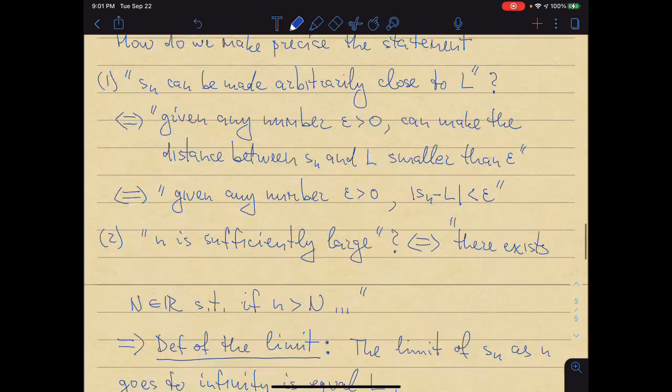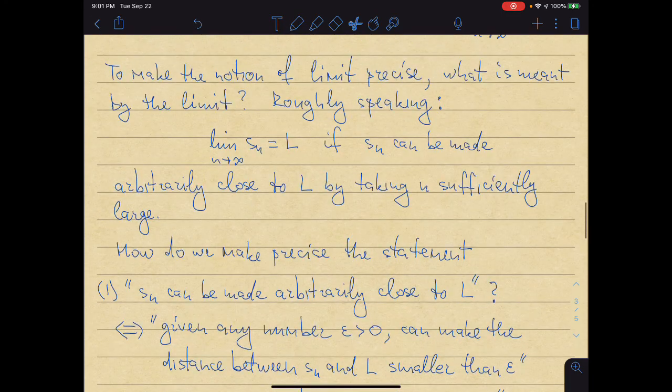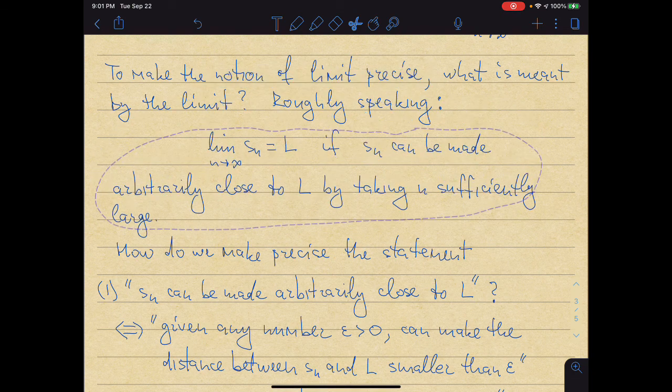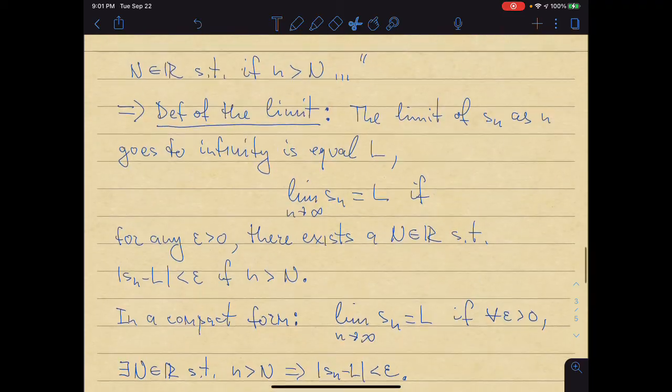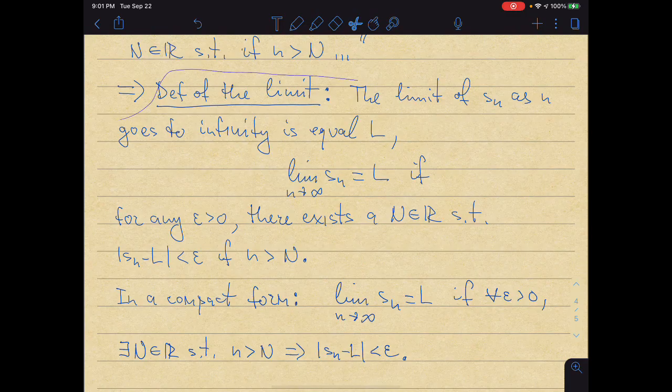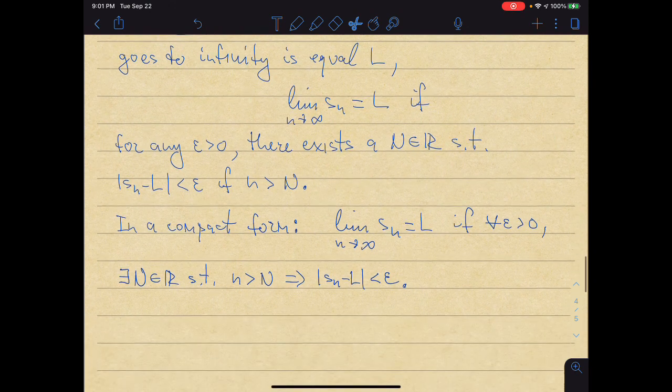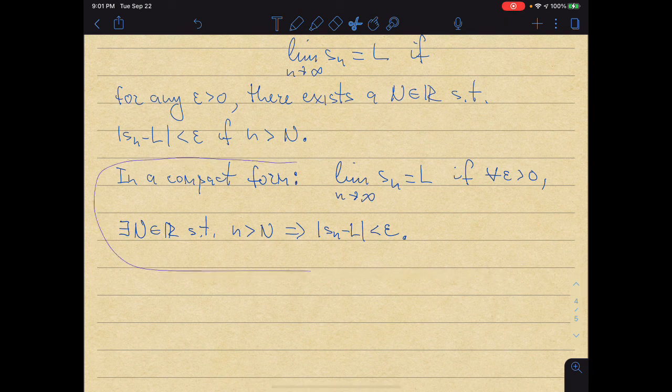So at the end of the day, my definition in the rough form here, and my compact definition down here, all mean exactly the same thing, except that the rough definition is not really a definition, it's just a motivation for a real mathematical definition.